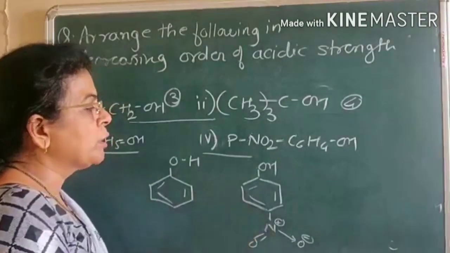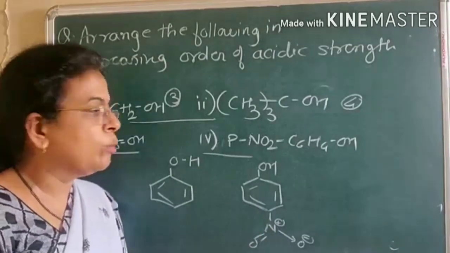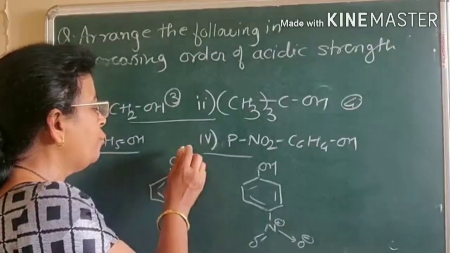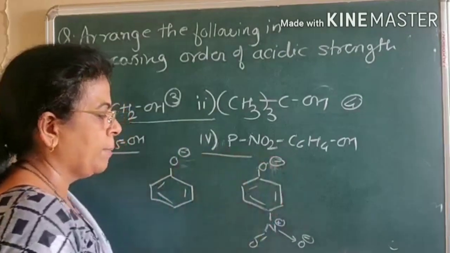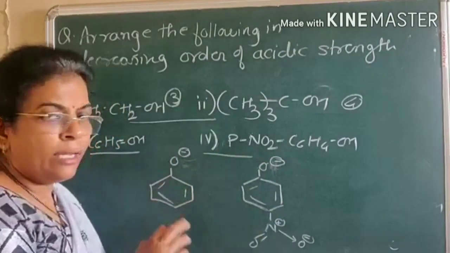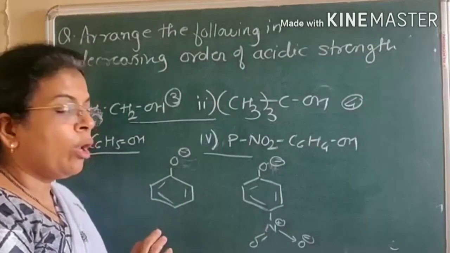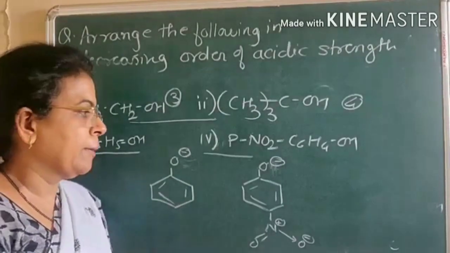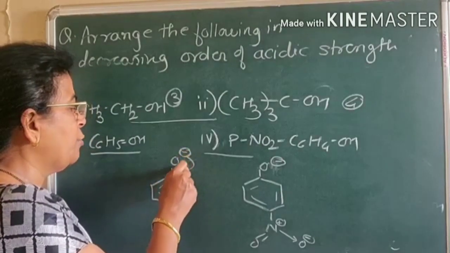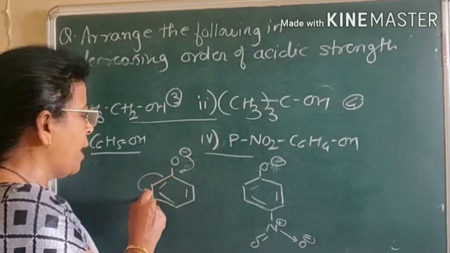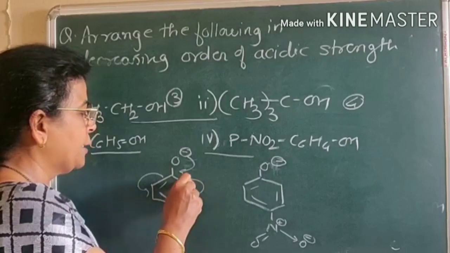Now when these phenols react with water molecule, they undergo ionization to form phenoxide ion and para-nitrophenoxide ion. The phenoxide ion of this phenol is stabilized by the benzene ring. Here the negative charge on the oxygen atom is stabilized by resonance effect like this.